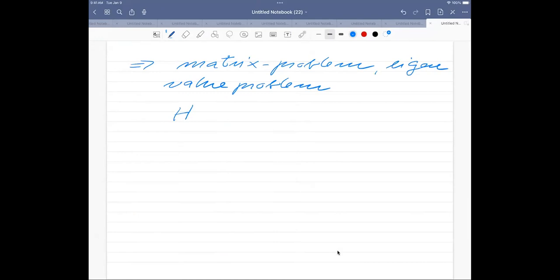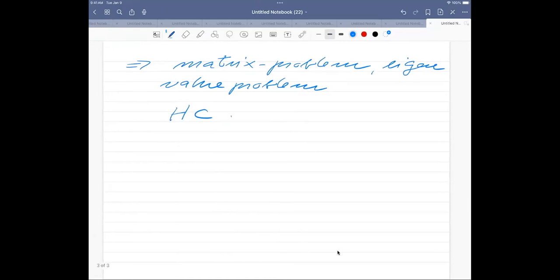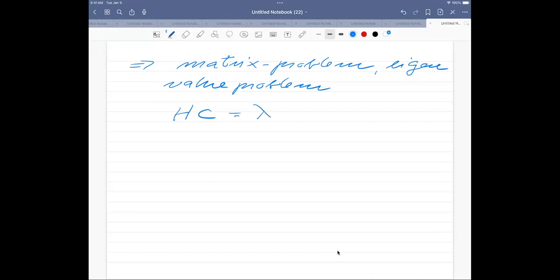This is given in terms of the components of the eigenvectors, and this is then equal to the ground state, or the excited state, or any of the states, given energy lambda, multiplied with this coefficient C.